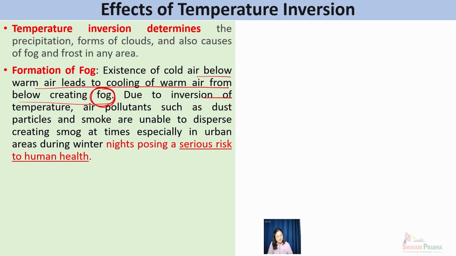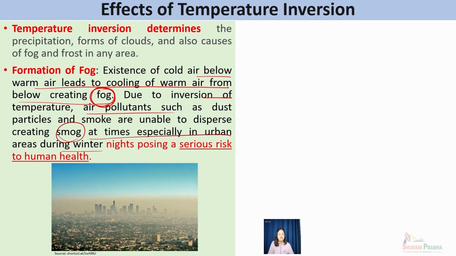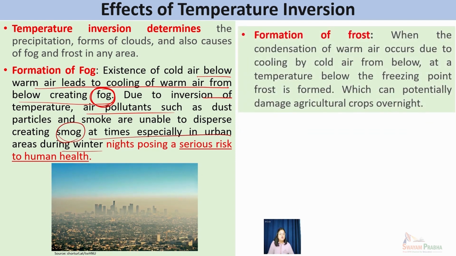Due to inversion of temperature, air pollutants, and this is very important here, due to the formation of fog and due to the stable conditions in temperature inversion, the pollutants are also sometimes trapped below that cold atmospheric layer, due to which the smoke particles are not able to disperse and escape, leading to the formation of smog, especially in urban areas during the long winter night, posing serious risk to human health and well-being. So next is formation of frost.